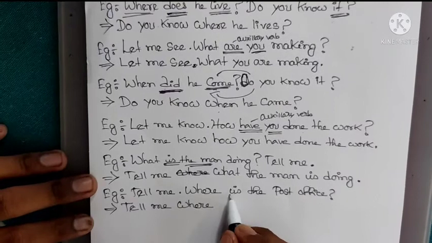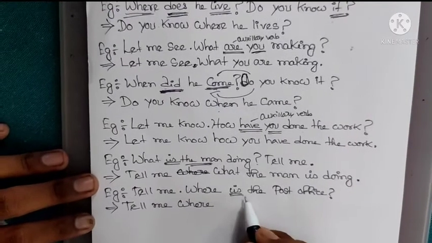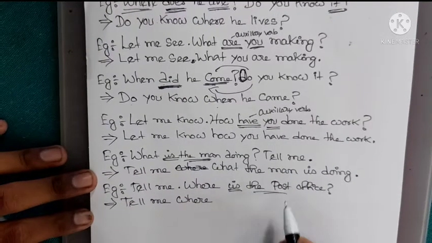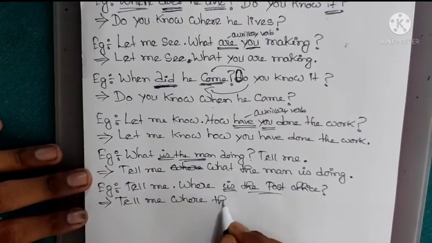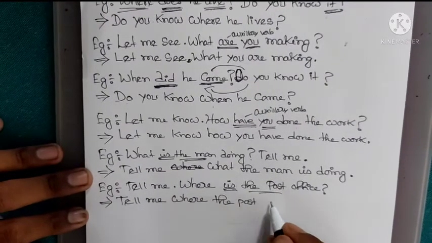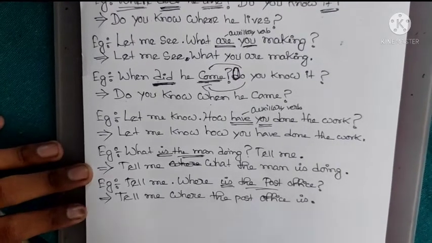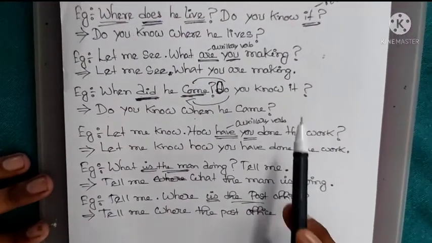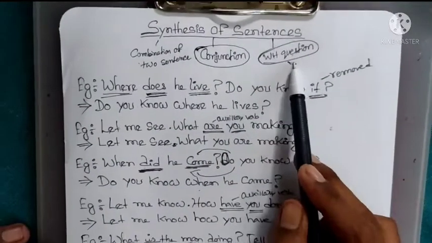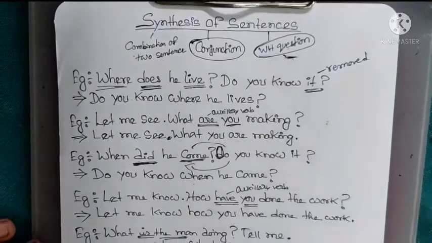In the same way, "is" is the auxiliary verb, so we have to write it after the subject. So, tell me where the post office is. This is the way we change the WH question, how we combine the WH question.